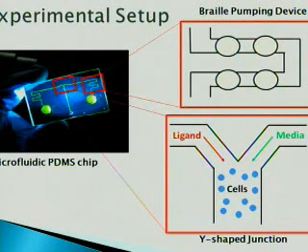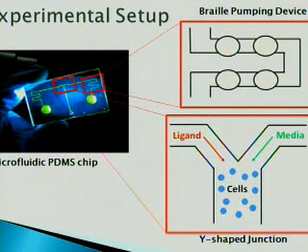The experimental setup that we use to study these calcium oscillations is a microfluidic chip made from PDMS, an organic polymer. The chip has 2 microchannels, one from the left and one from the right, that come together in the middle to form a Y-shaped junction. In the Y-shaped junction is where we seed and culture the cells.